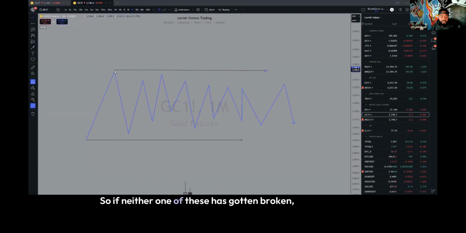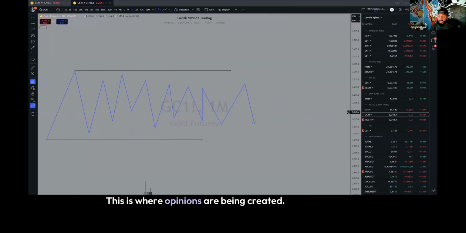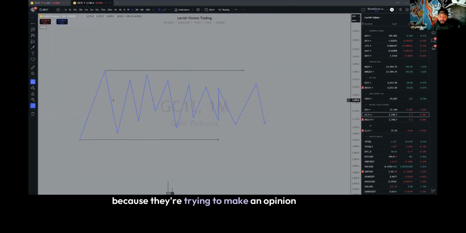So if neither one of these has gotten broken, we're not going higher overall or lower overall. We're playing within this range. We're consolidating. This is where opinions are being created. This is when a lot of people lose money, because they're trying to make an opinion if the market is going higher or going lower, and it's not really doing anything. This is when we like to stay on the sidelines.